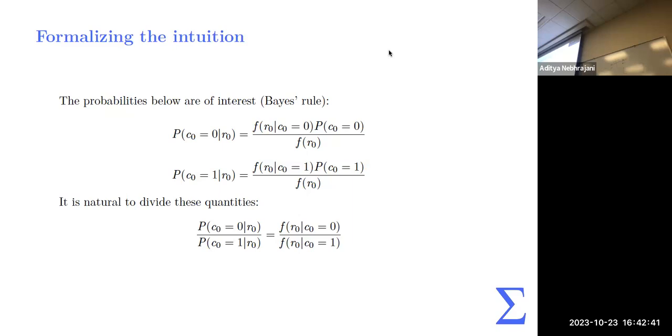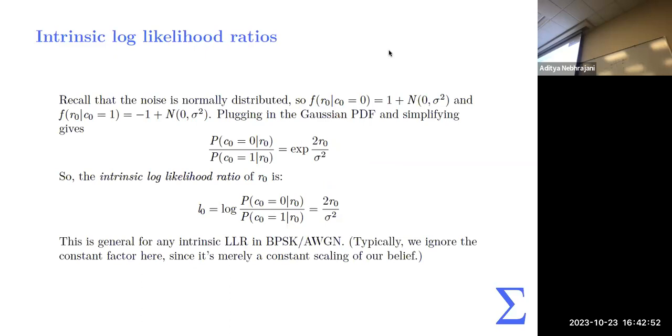So we're looking at the same real number, the same index in the vector, to reason about the same index in the code. So this is intrinsic. In fact, when we were doing the threshold hard decision decoding, we were ignoring this scaling factor and just doing a MAP decision.